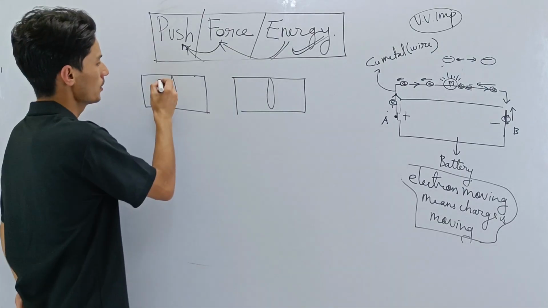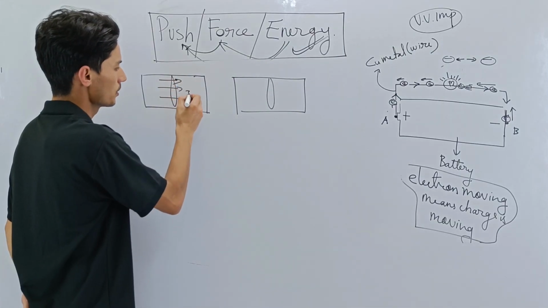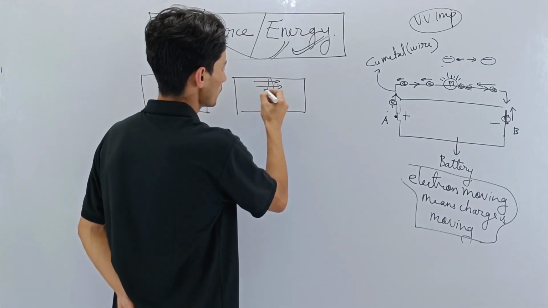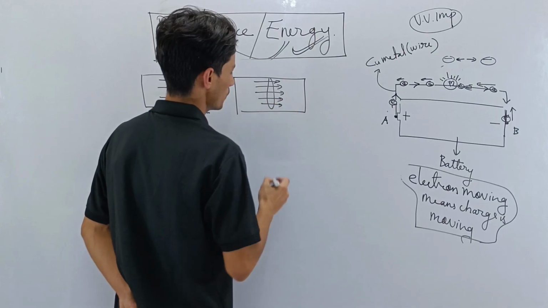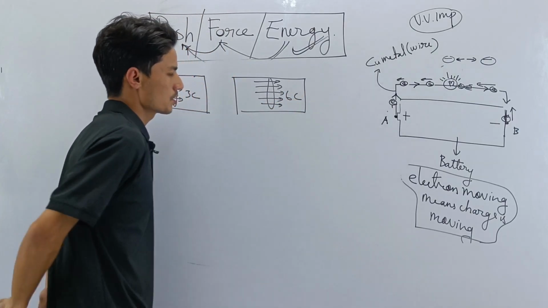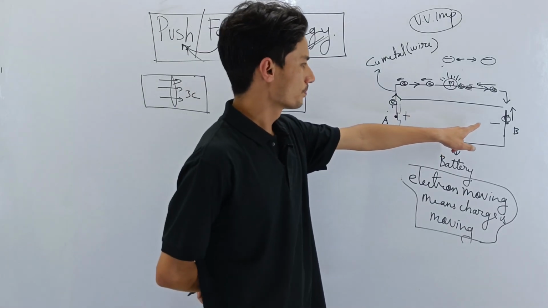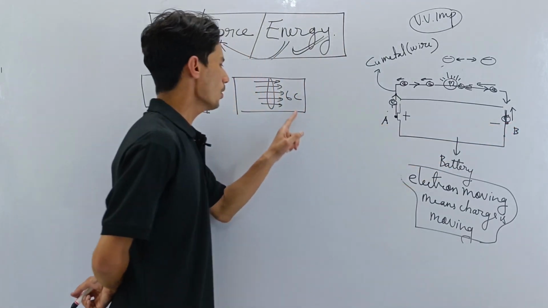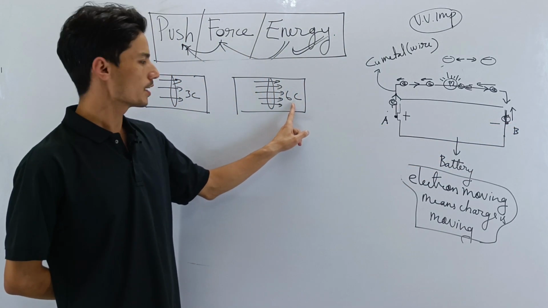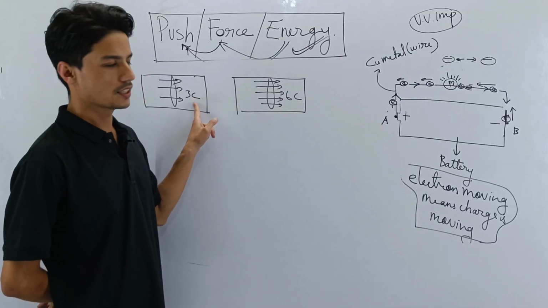Here 3 coulombs of charge were passing. Here I drew 6 coulombs of charge. How come 6 coulombs of charge were passing here, and 3 coulombs of charge were passing here? Now these are charges, no?